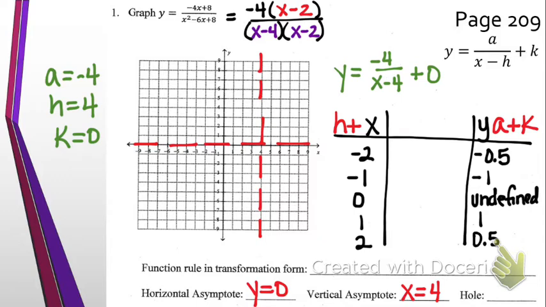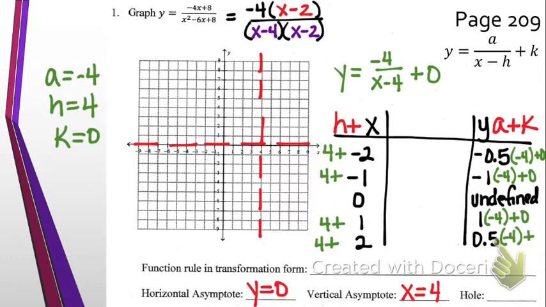So go ahead and take your calculators, add 4. And then you're going to multiply by negative 4 and add 0. All right, so take a minute and do that. Fill in your chart.